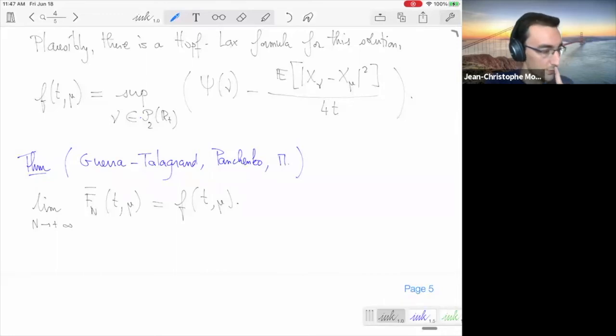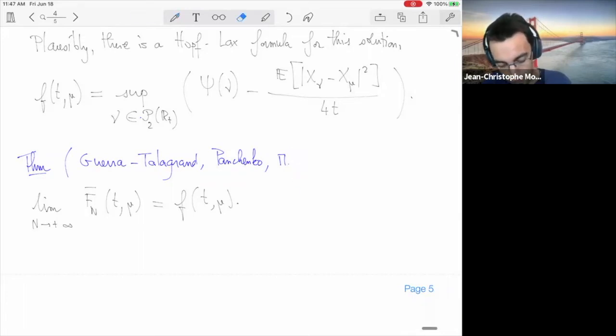So in the paper, this was really fully justified, actually later in a paper of Panchenko and myself. It's not too crucial.